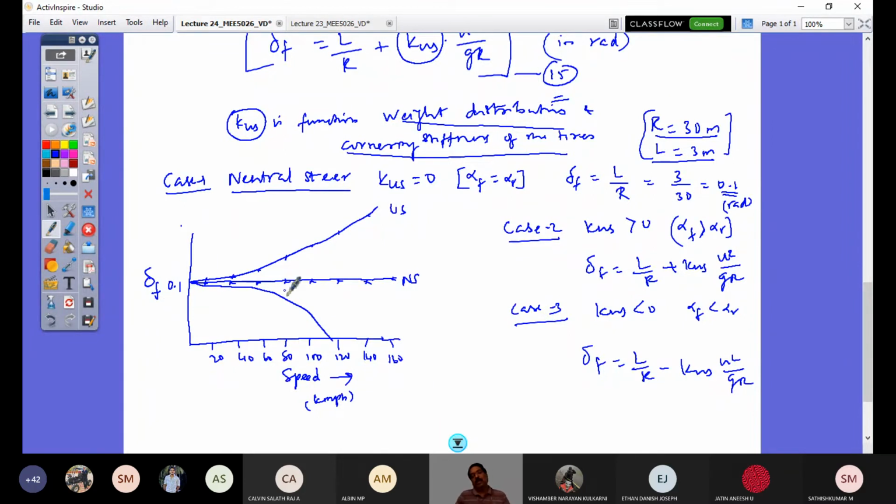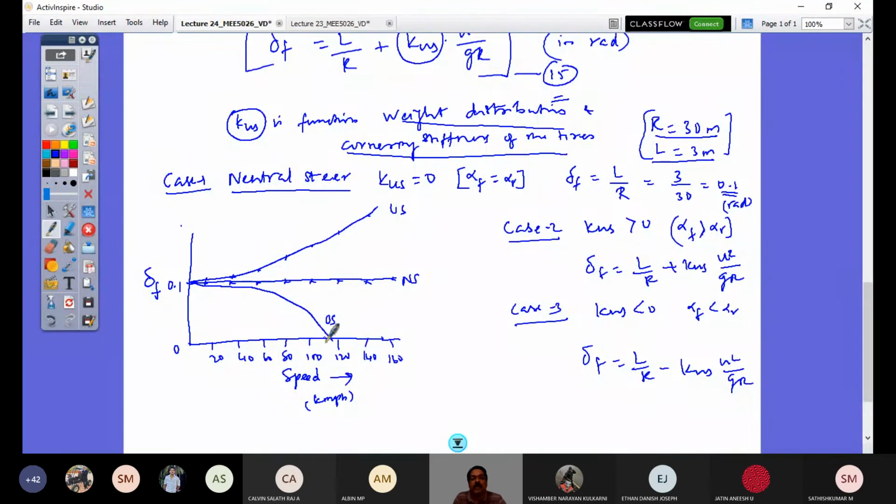So this is what is for an oversteer vehicle. Look at now, very interesting. In the case of an understeer vehicle, I require my steering angle to keep increasing. On the other hand, for an oversteer vehicle, the steering angle reduces. At one point, the steering angle is 0. At this speed, I don't require to steer at all.